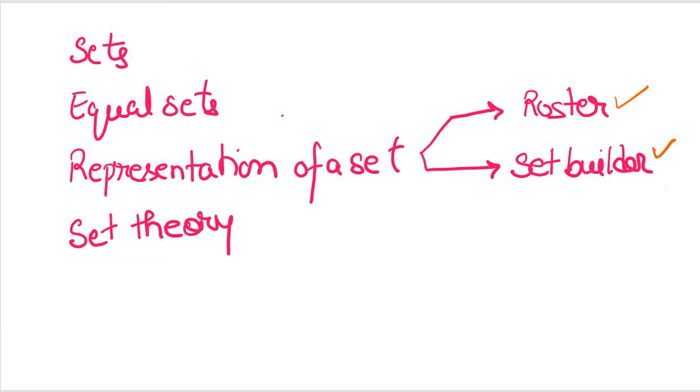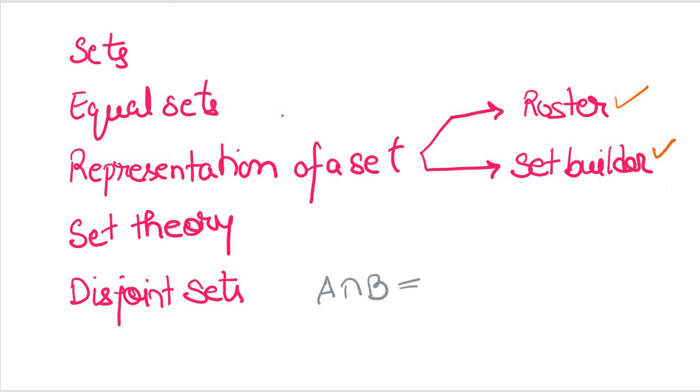Afterwards, we had a discussion on disjoint sets, where we said that if there are two sets A and B and A intersection B equals null, or an empty set, then these two sets are said to be the disjoint sets.